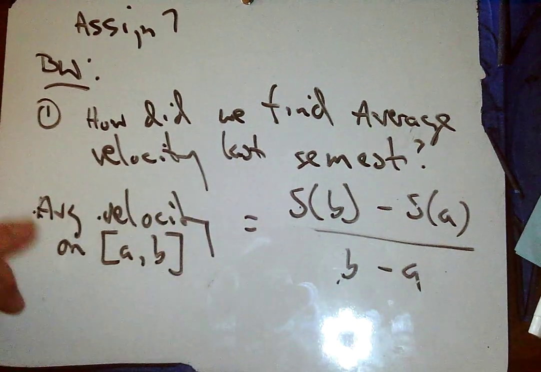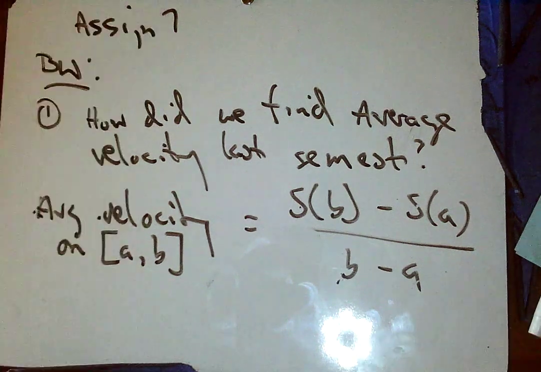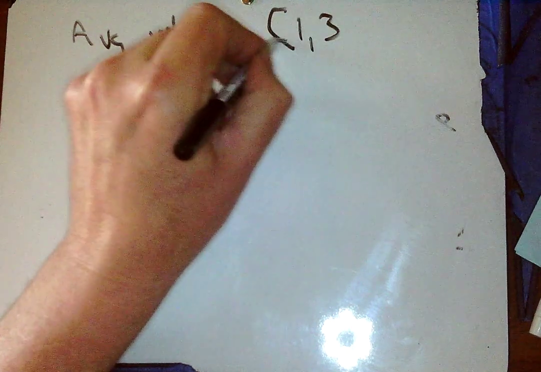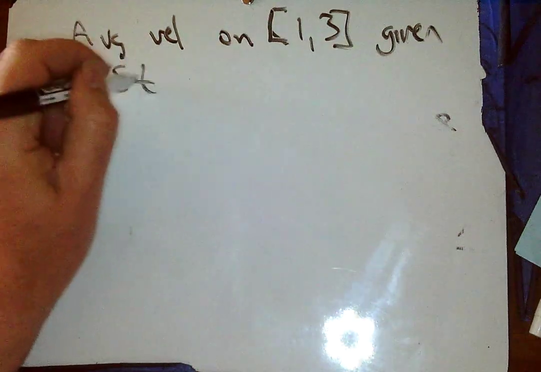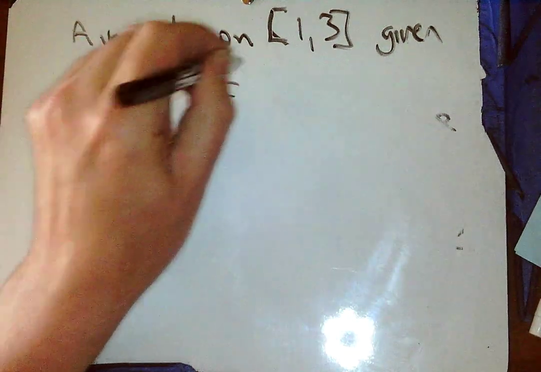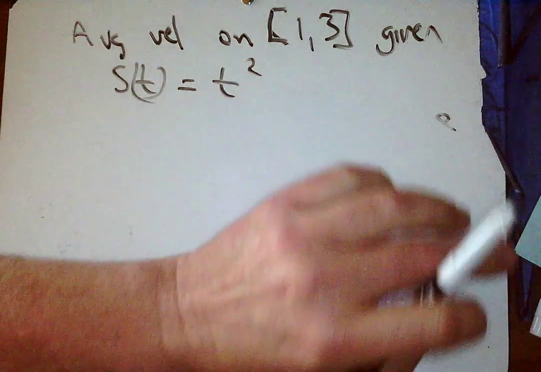Okay, so now, with that in mind, I would like you to find the average velocity on 1 to 3 given S of t equals t squared. Why don't you do that now?